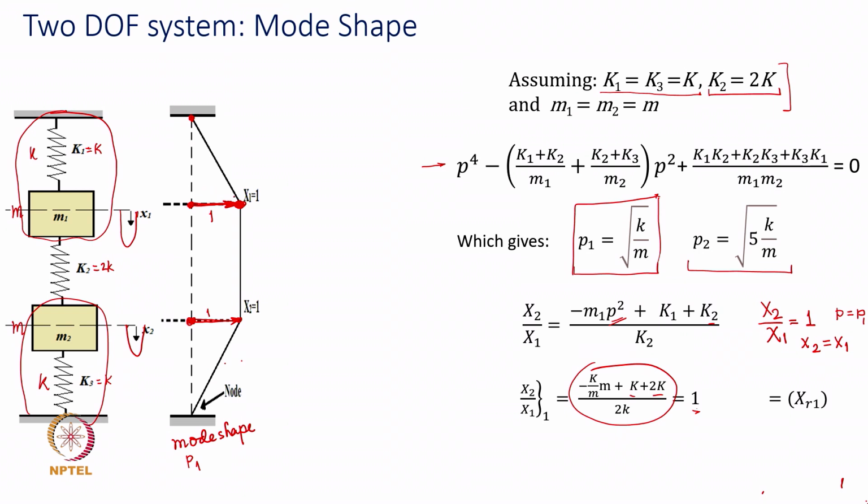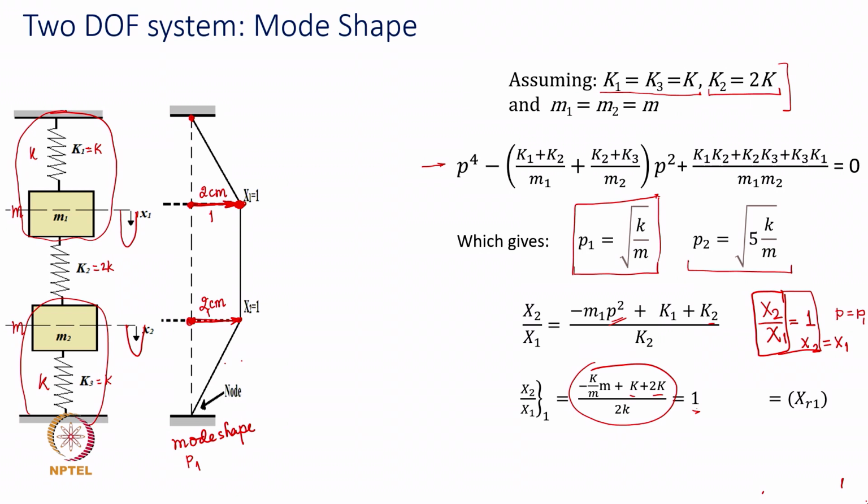If this is displaced, let us say, 2 centimeter, this mass will also be displaced 2 centimeter in the same direction. Because it is defined as a ratio, the absolute amplitude makes little relevance. Whether it is 2 centimeter or 2 millimeter does not make any difference, as long as the ratio between their displacements is maintained equal to 1, that is what the mode shape is.